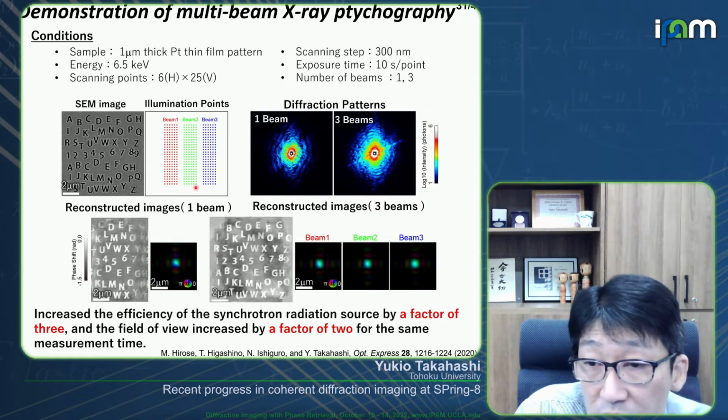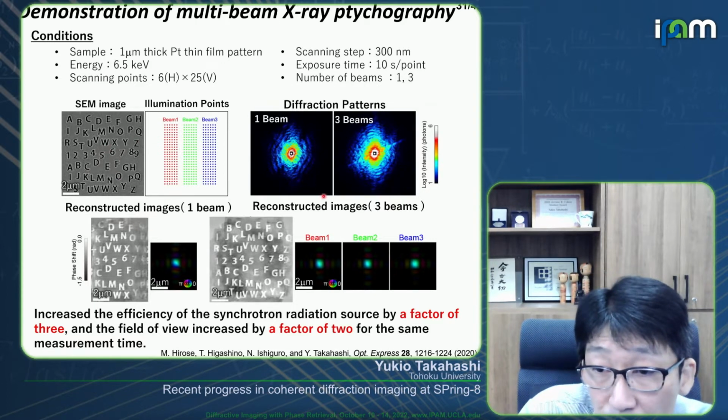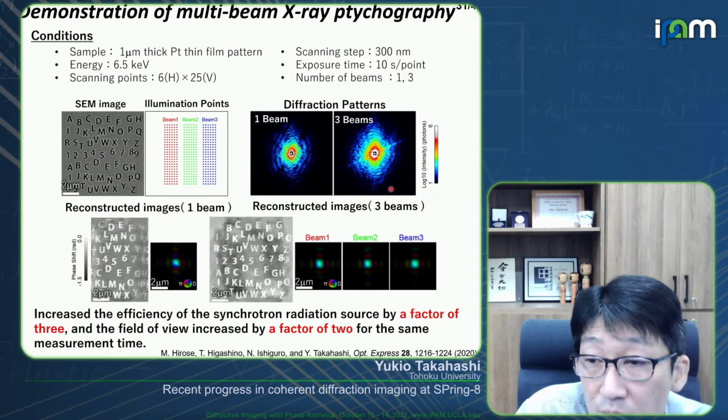As the experimental conditions shown here, the sample is a 1 micrometer thick platinum foil pattern. The incident X-ray energy is 6.5 keV, and the number of beams used was 1 and 3. Here is the SEM image of the sample and a schematic diagram of the illumination points. And here are the diffraction patterns using 1 and 3 beams.